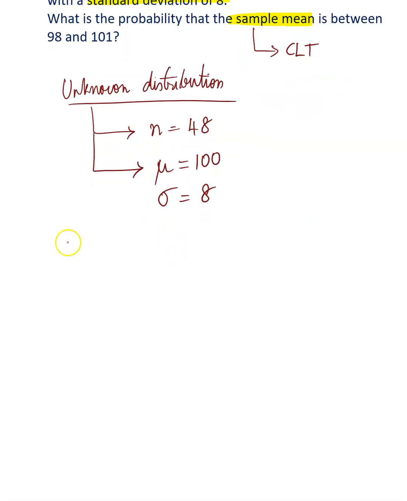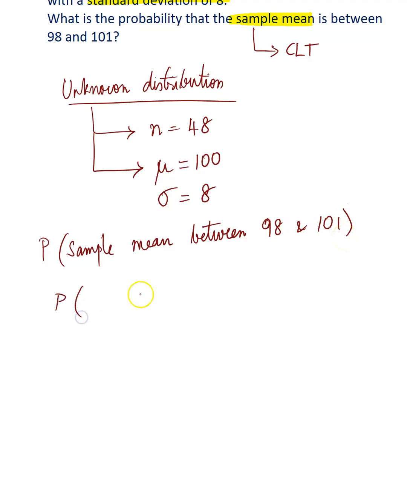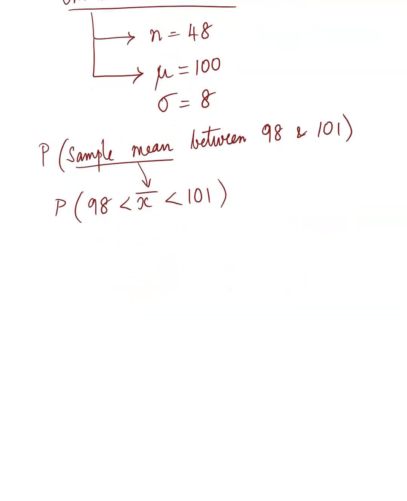Because we're talking about the sample mean, probability of sample mean between 98 and 101 is written in words, but the way you will write it is sample mean is x bar, isn't it? If it's between 98 and 101, it should be 98 on the left and 101 on the right. Just putting it like this itself helps you to see how the graph will look, right? So go ahead and get your graph.